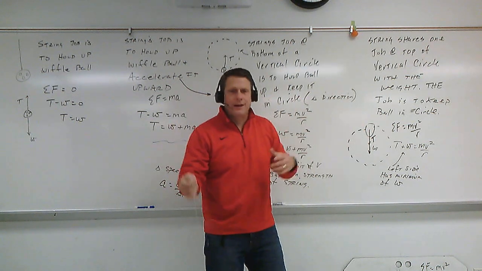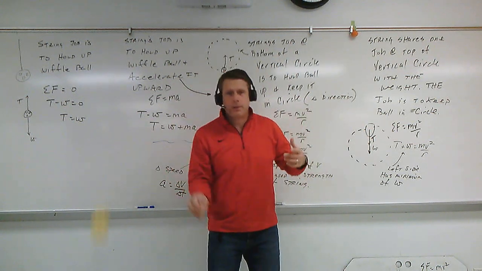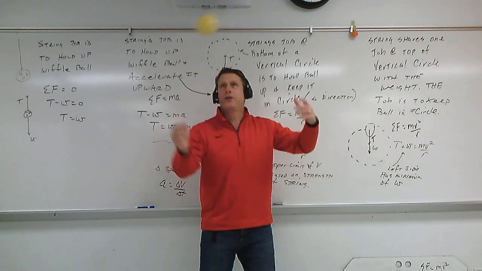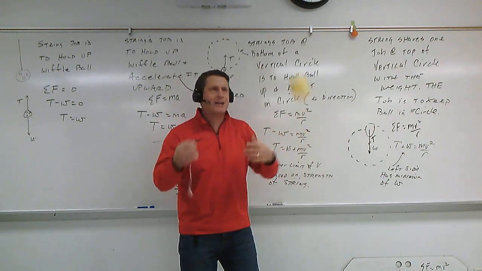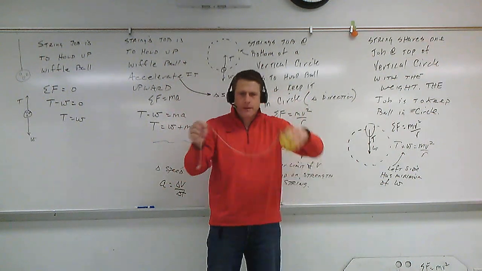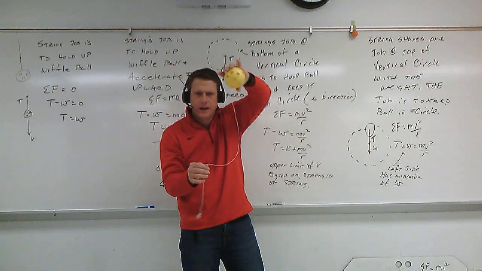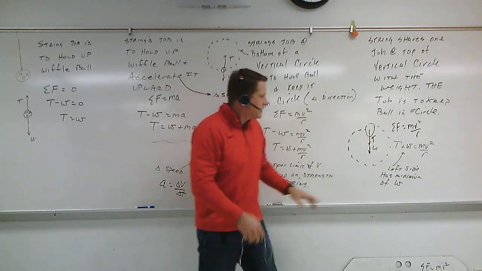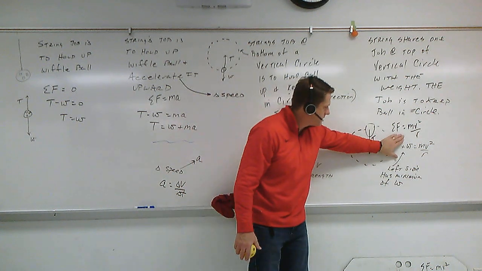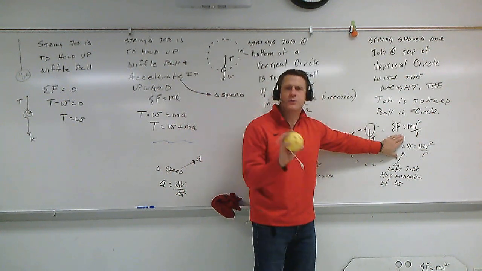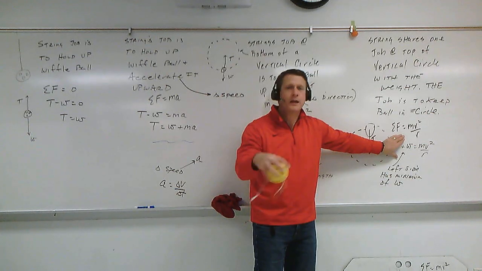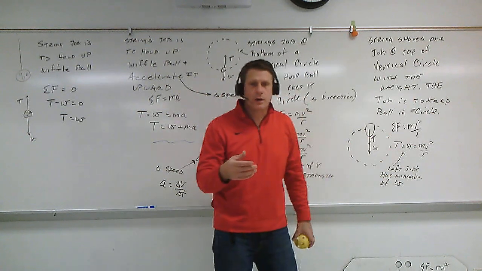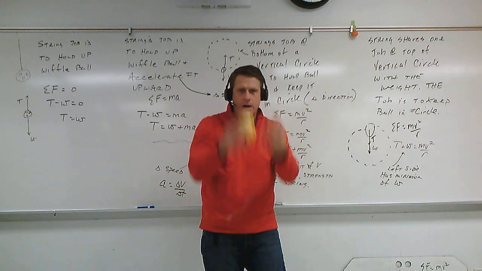In other words, if it's tough to see on the screen, the wiffle ball's going slow, so the tension in the string actually becomes zero. It becomes limp like this up here at the top of the circle. So when this T becomes zero, the left side reaches its minimum. And that minimum is equal to the weight of the ball.